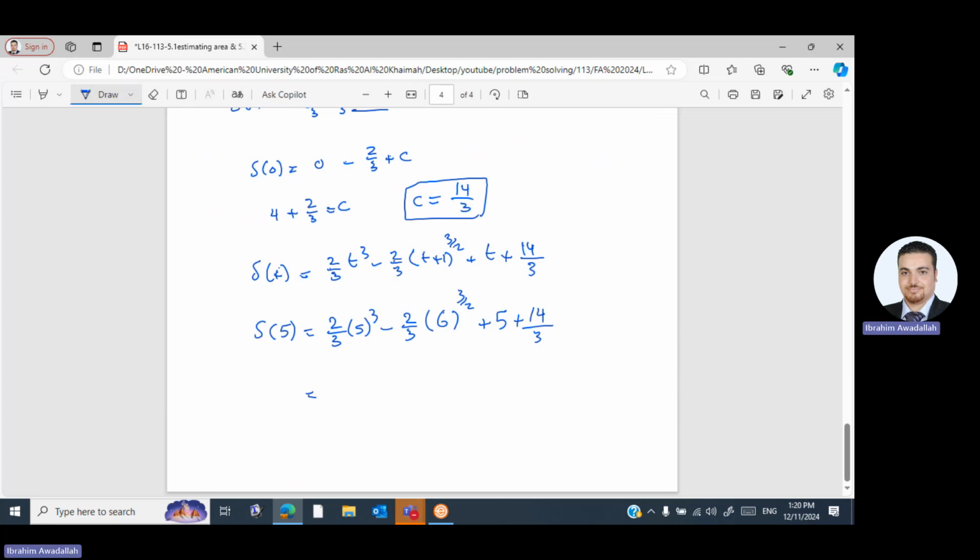I hate using the calculator. Why did we get a math error? I don't know. We should maybe put brackets for the 6 because maybe this one was the problem. Let me try again. No, it's still a math error.